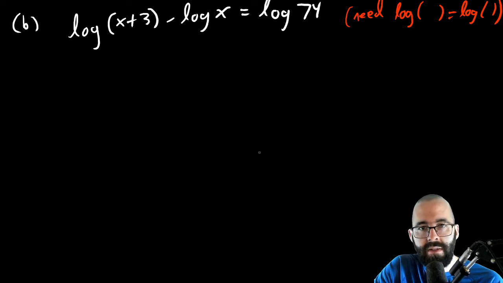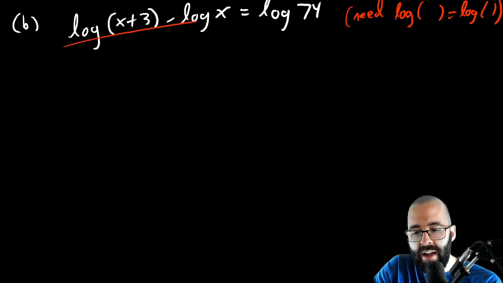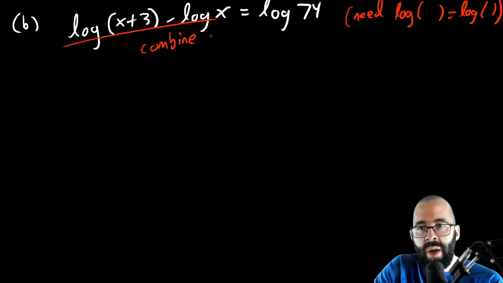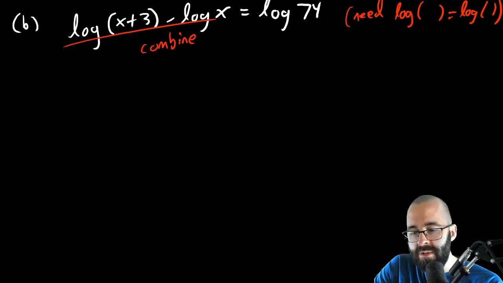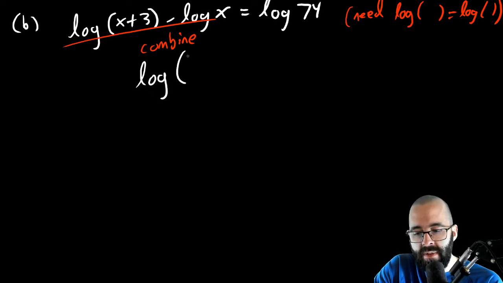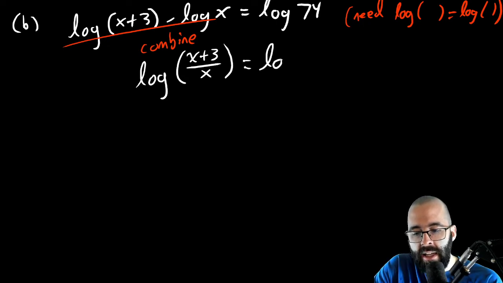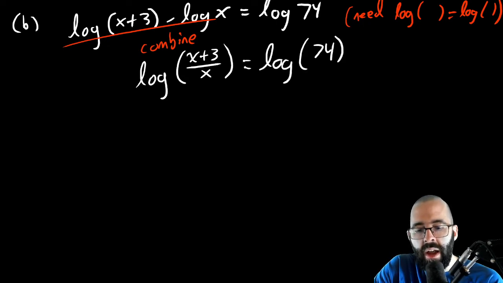There's too many logs. We have to combine. And the only way that we combine subtraction of logarithms is the quotient rule. This is the logarithm of x plus 3 over x equals the logarithm of 74, and now we can use the one-to-one property.